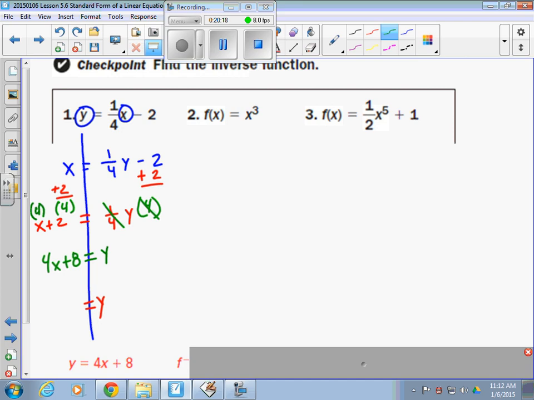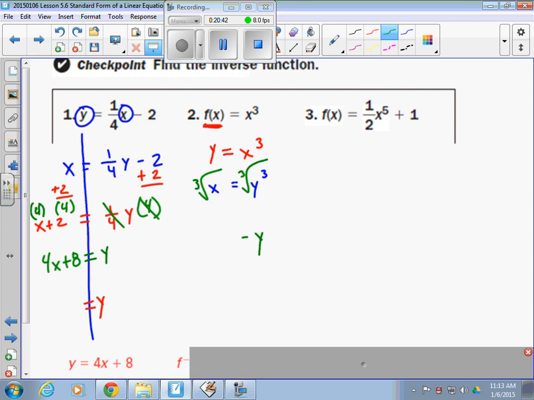The same thing for number 2. Change this to y equals x to the third power. Swap the positions of x and y. X equals y to the third power. And then get rid of the third power by taking the cube root. Do it here as well.